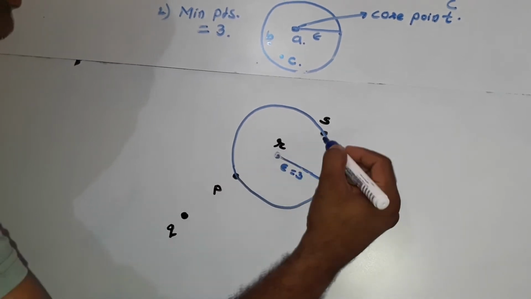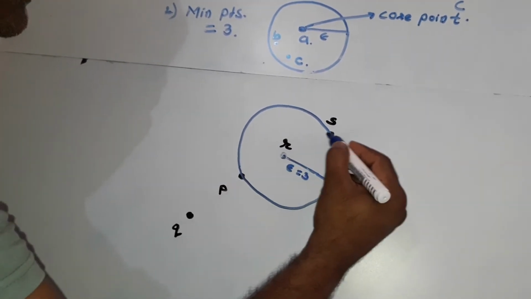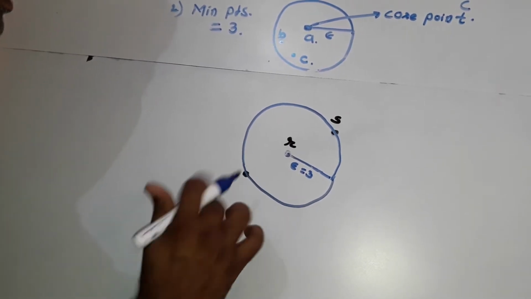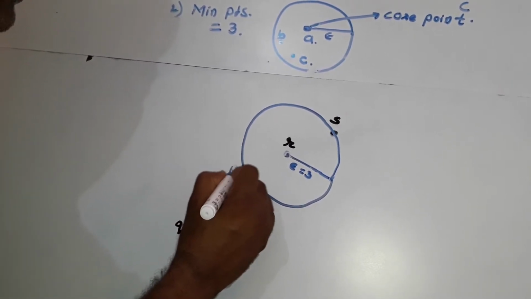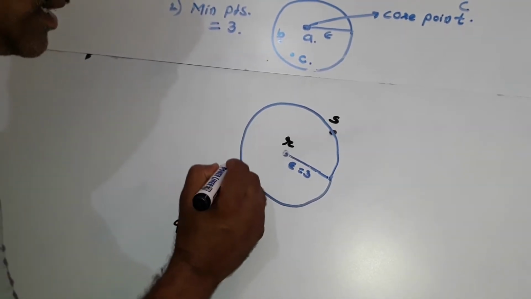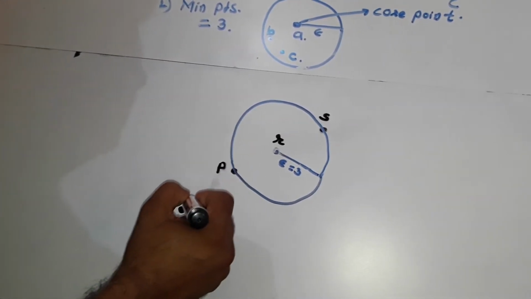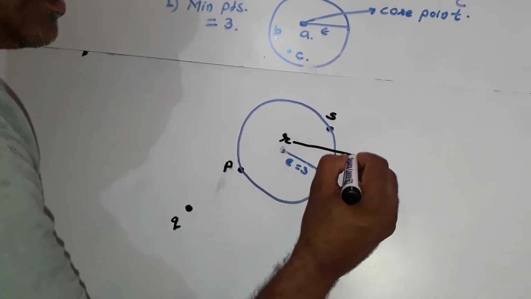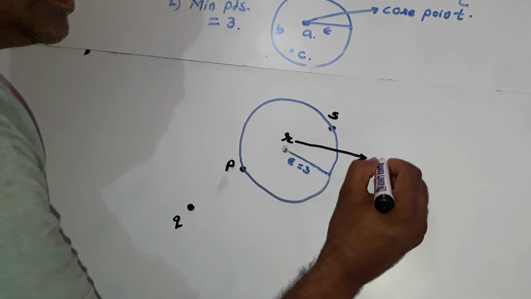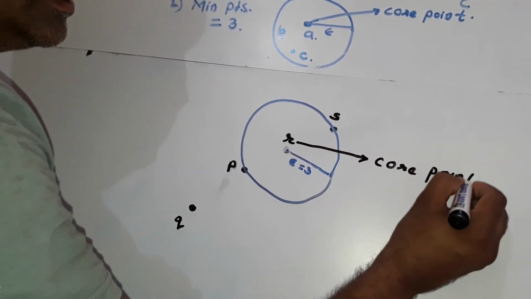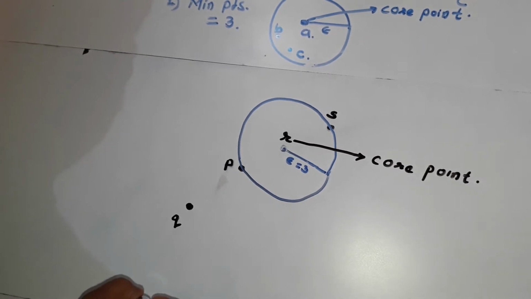As we have 3 data points within the vicinity, that is S, R and P, we can say that the data point R is a core point.